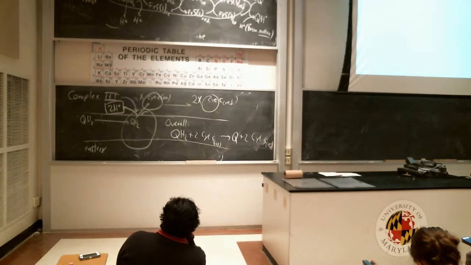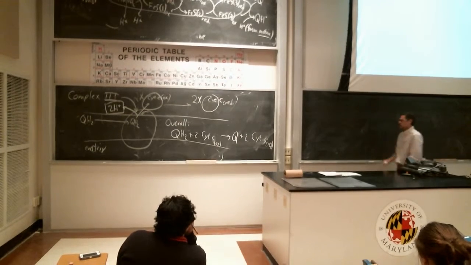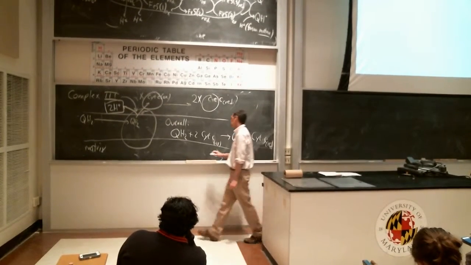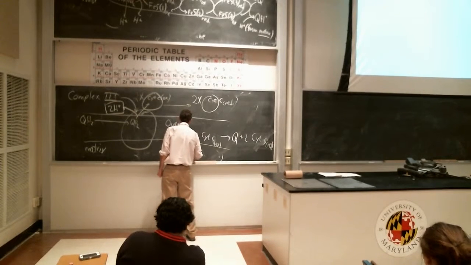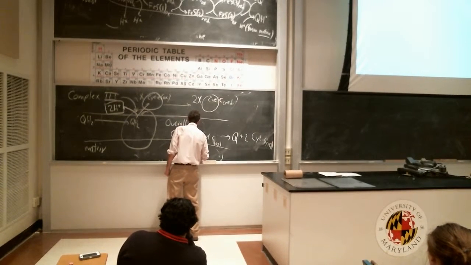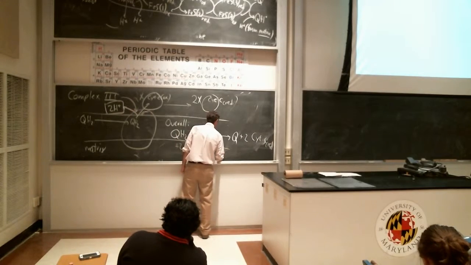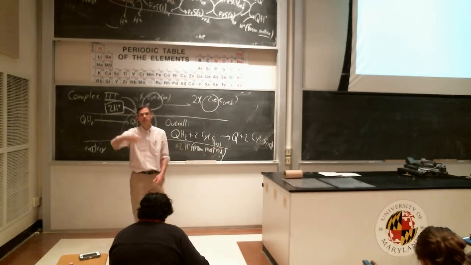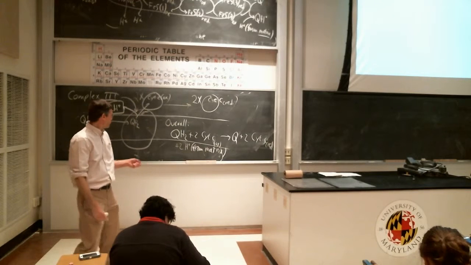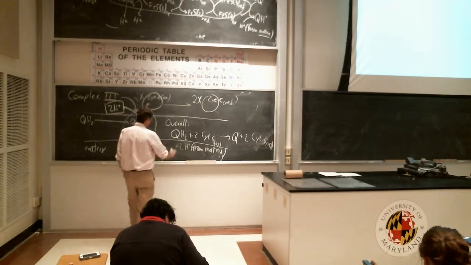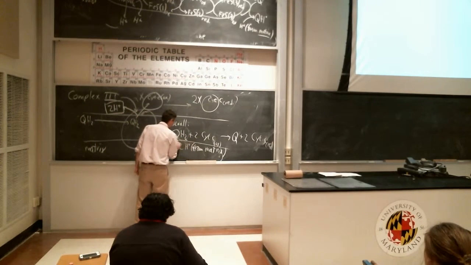In the course of this, 2 more protons are picked up from the matrix. And those 2 additional protons are released on the other side of the membrane. So you've got these 2 protons plus these 2.